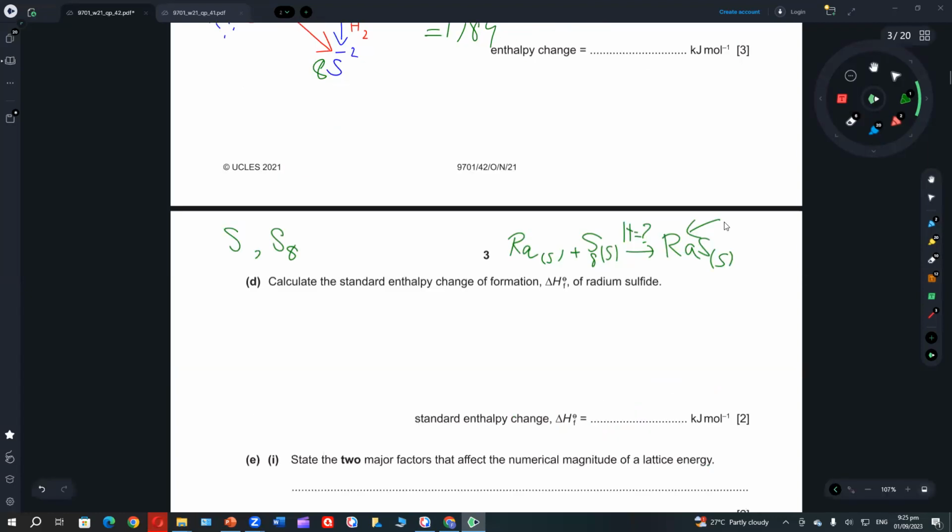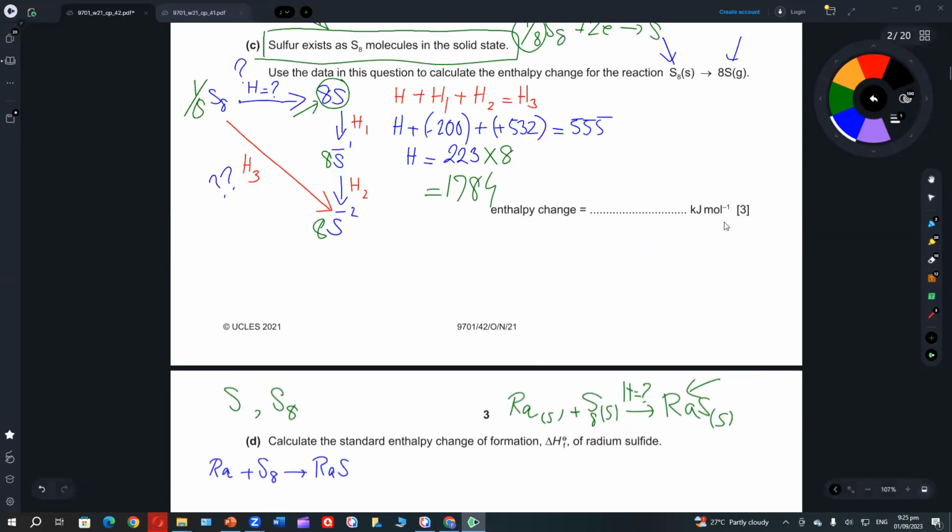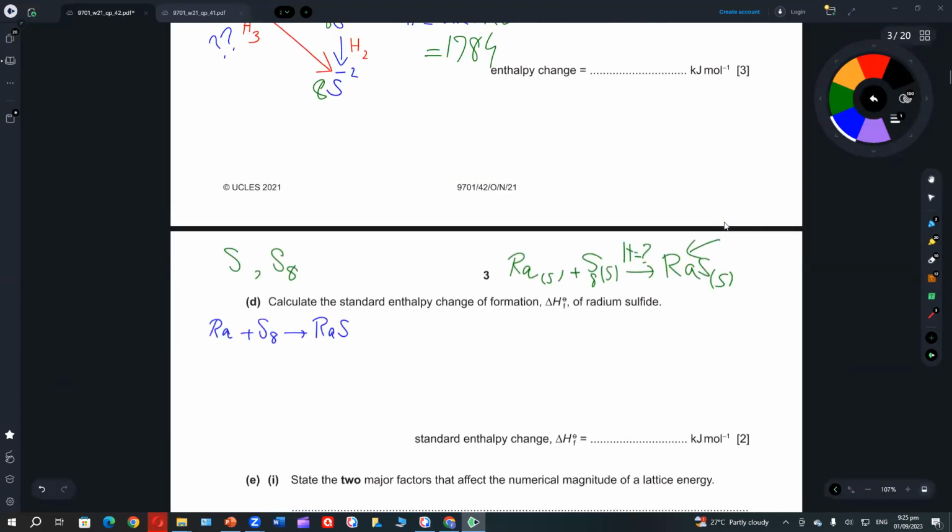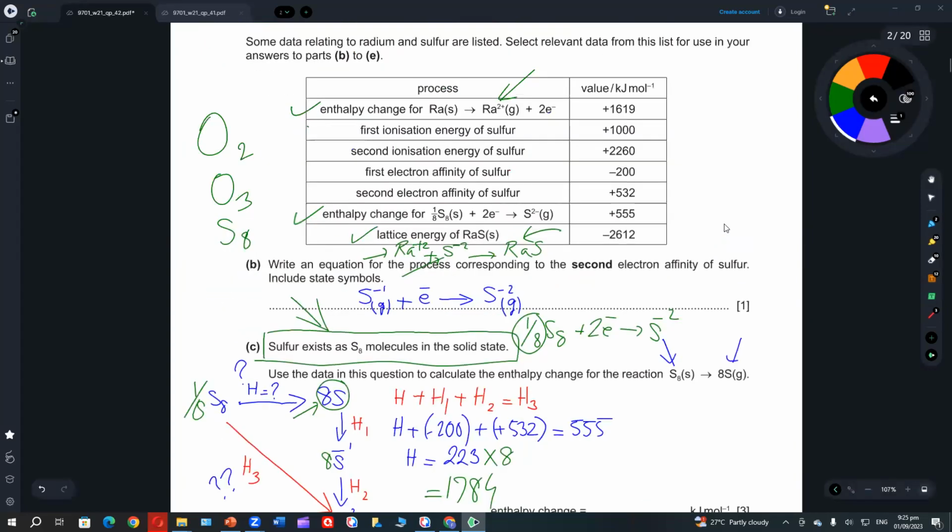So let's start trying to make a triangle or connected figure. If I make it Ra plus S8 gives me RaS, won't we have to balance the RaS? You have to balance it definitely. So it will be 8 moles of RaS.